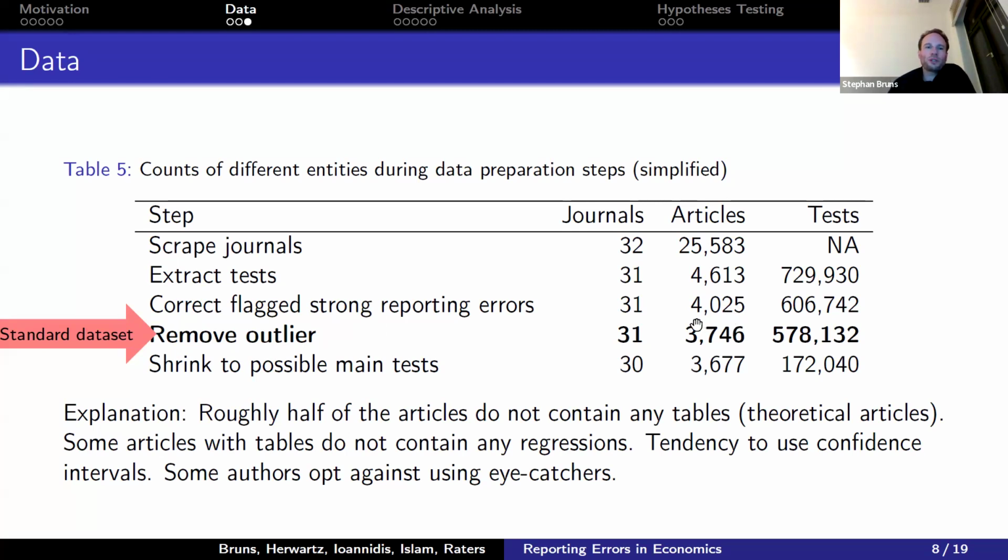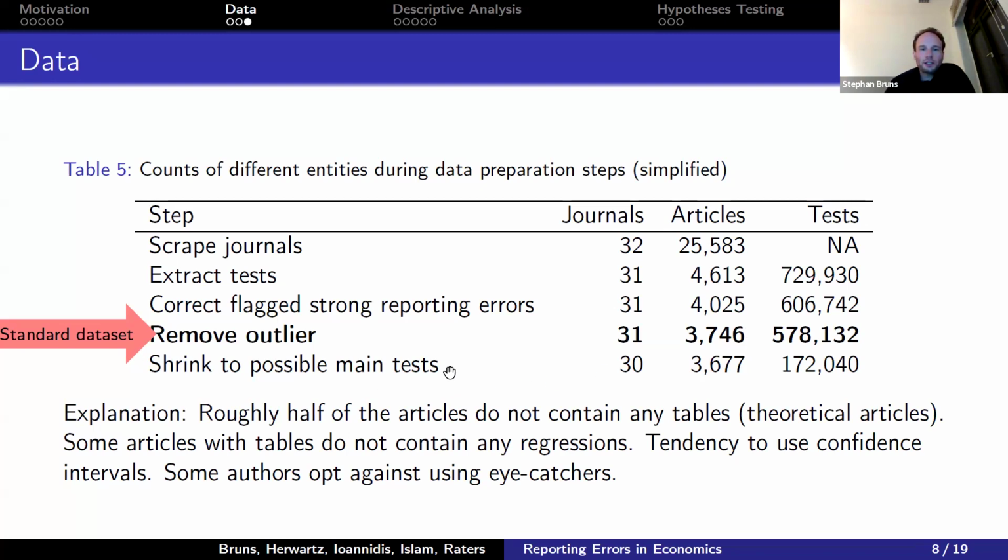We are more going for the reporting errors that are not so easy to spot, where maybe 2 of 8 coefficients are only significant because of an eye catcher, and one believes that all 8 are significant, but actually it's not that robust as suggested.